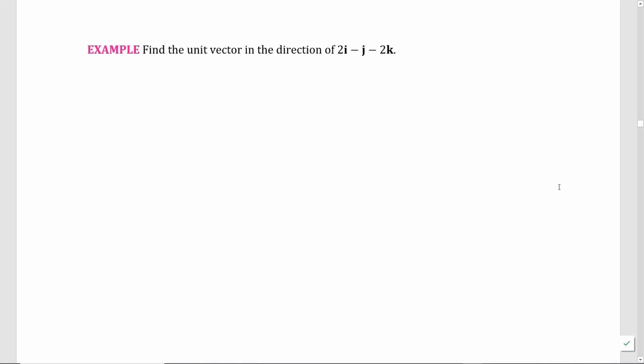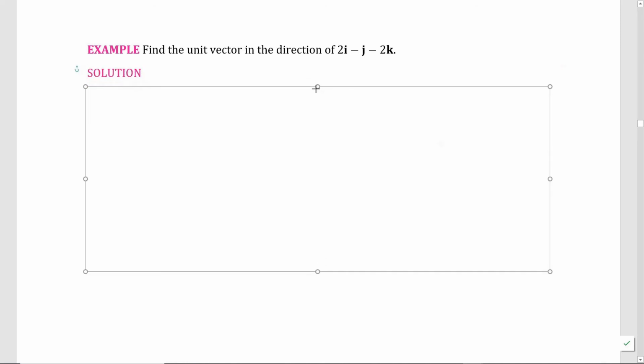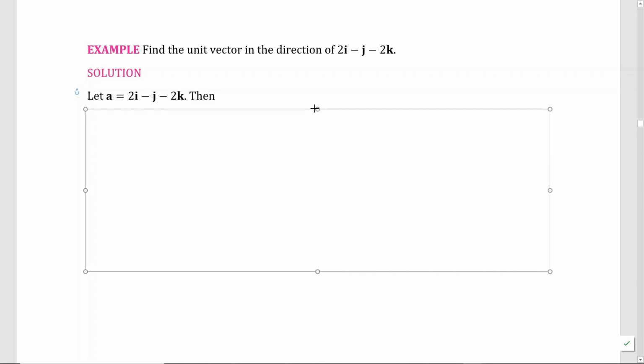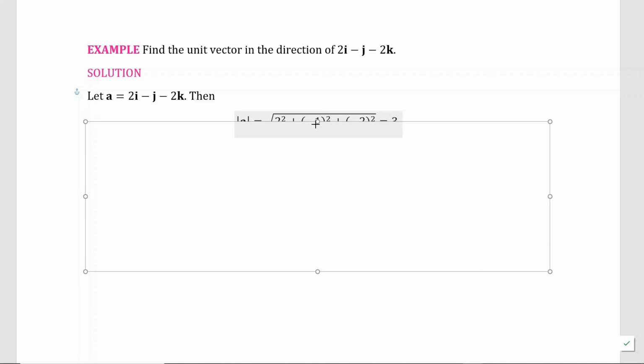Let's see an example. We want to find the unit vector in the direction of the vector 2i minus j minus 2k. So let's denote the vector by A. And then we can calculate the magnitude of A, which is 3.